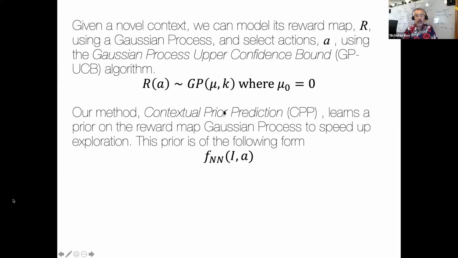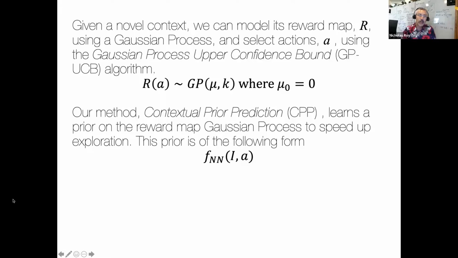Well, perhaps you can learn over time a mean of the Gaussian process that predicts the effects of your actions from images. So you have vision-based information from your robot. You have a function that allows you to predict the mean of the Gaussian process given the image and the action.